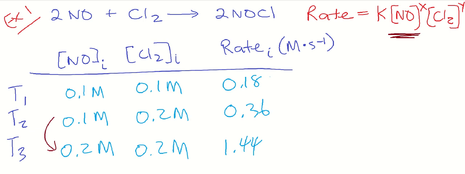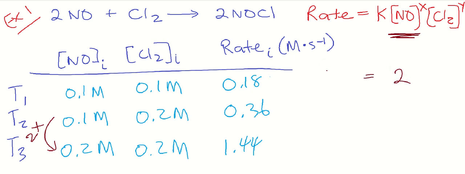So in trial 3, we put twice as much of this stuff in a test tube versus our second experiment. So this is a 2 times increase. Let's put that right underneath here.